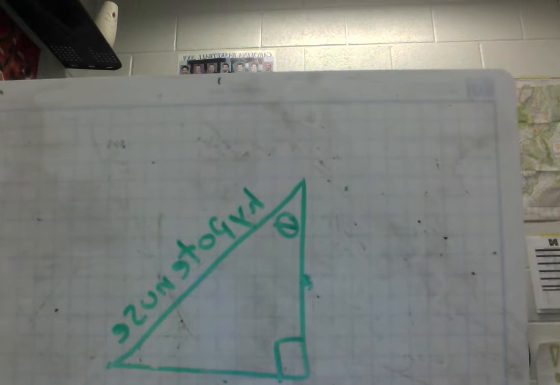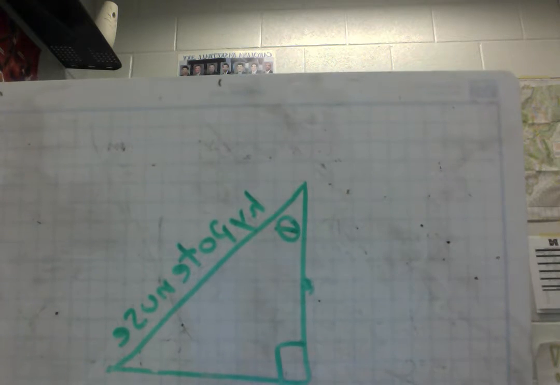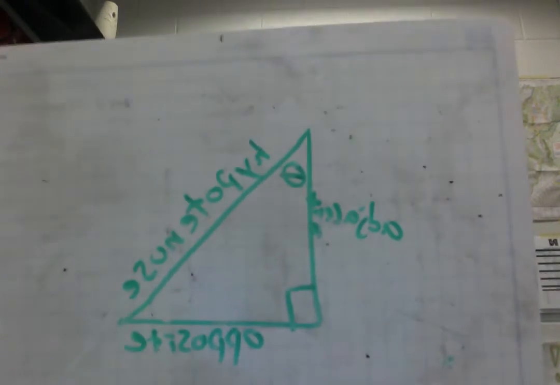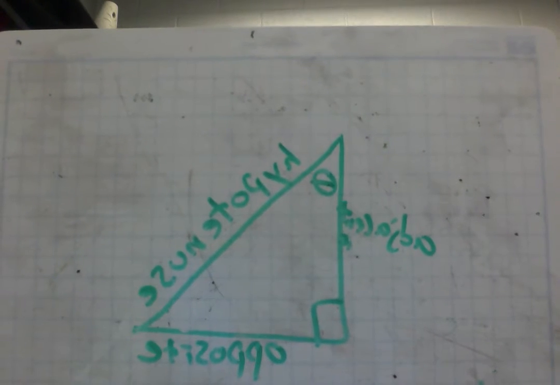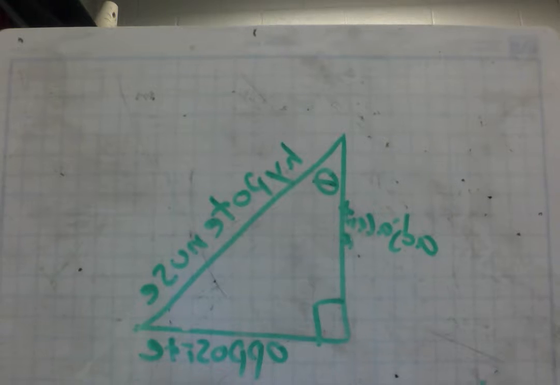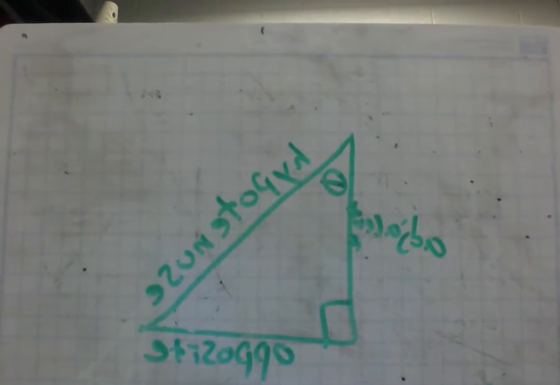Okay, so now if theta is up in that corner, now the adjacent side is over here, and the opposite side is on the bottom. So we have to be able to label the sides correctly, and the reason that is so important, as I said earlier, is so that we know which of the trig functions we're going to use.